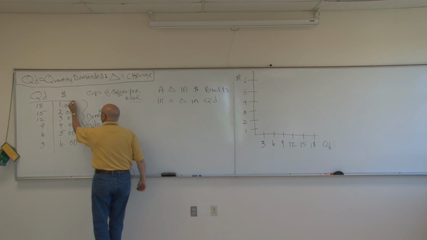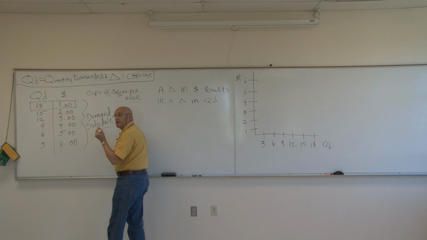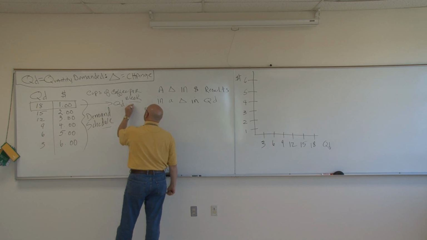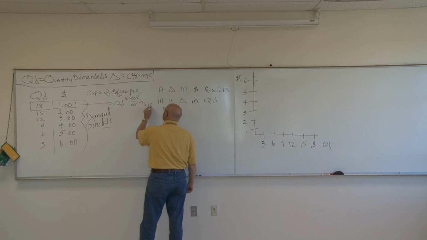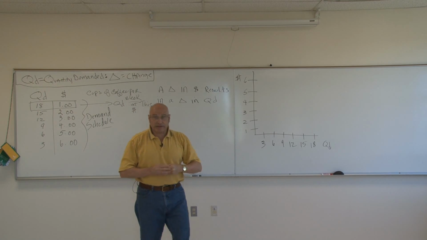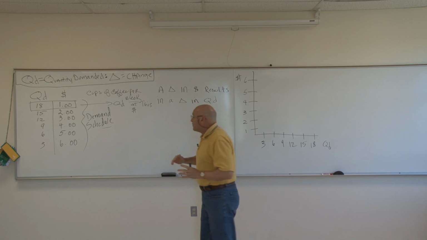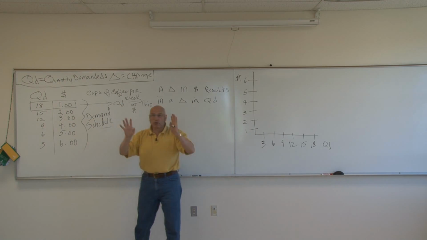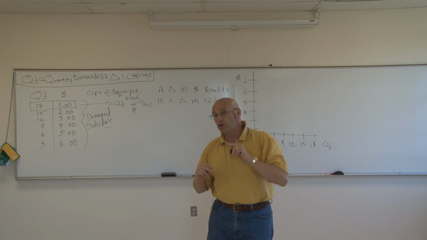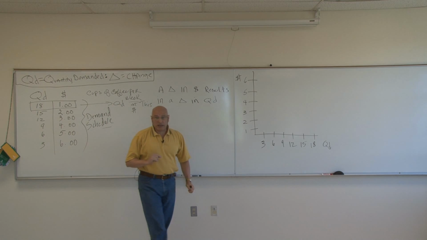This particular price and quantity demanded combination refers to the quantity demanded at this price. That's what this refers to. The quantity that I demand at a price of $1 would be 18 cups of coffee. If the price of coffee increases for some reason, we really don't know why just yet, but if the price of coffee increases to $2, then the quantity that I will demand is 15.